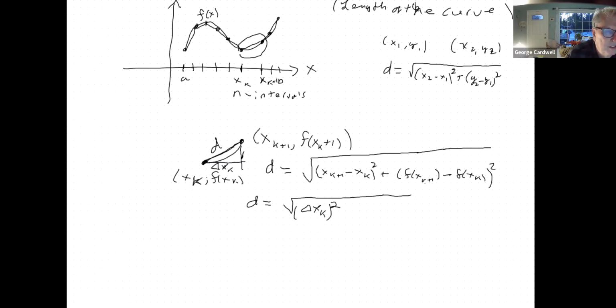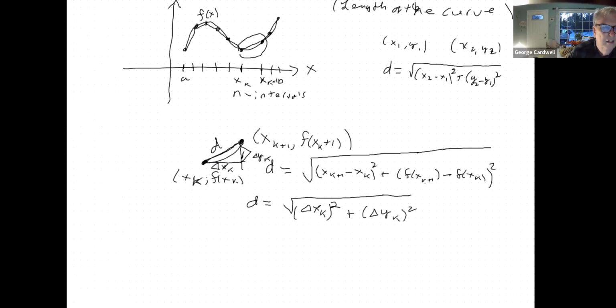And this point here is f of xk plus 1, and this is the same y value as this point, which is f of xk. So we would call that delta yk, plus delta yk squared. So there are two ways to write the same formula.